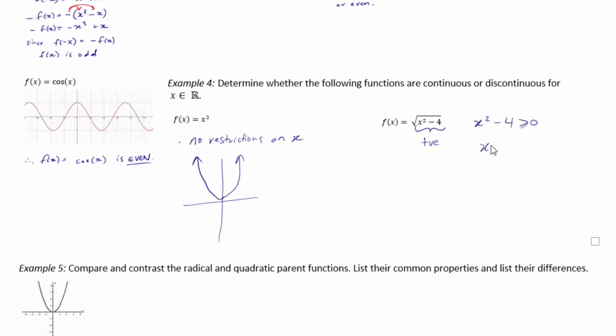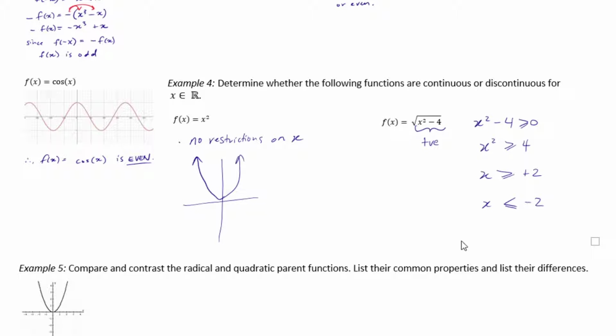Then we would do x squared is greater than or equal to 4, right? So that means that x has to be greater than or equal to positive 2, or x has to be less than or equal to negative 2. Otherwise this will not be a positive number.